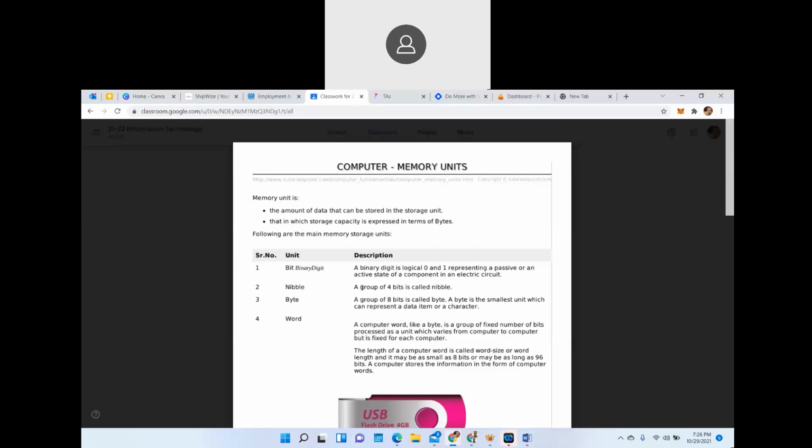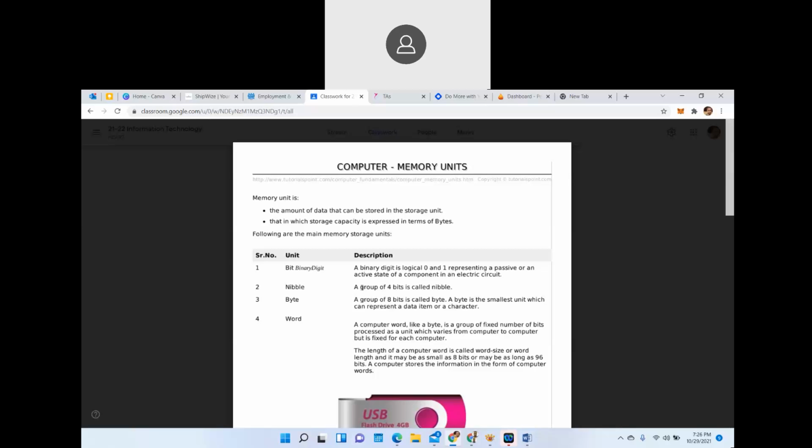All right, so the smallest unit of storage is a bit. After a bit we have a nibble. So 4 bits is called a nibble. We don't really need to focus on a nibble because it's not required for you to know. But what is required for you to know is the byte.